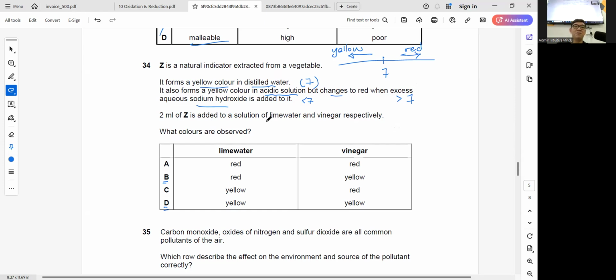Lime water, above 7 or below 7? What's the chemical name of lime water, Gabriel? Calcium hydroxide. You've got to remember that. What's the chemical name of limestone? Calcium carbonate.